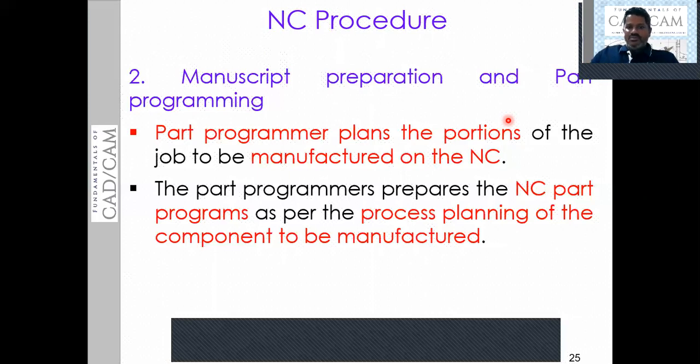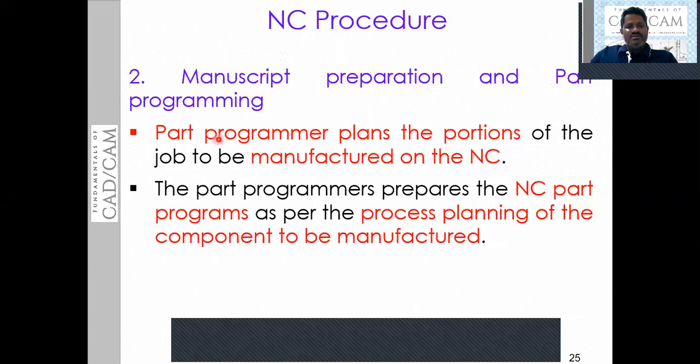In this case, the part programmer plans the portions of the job to be manufactured. Yes, the part programmer needs to identify the steps. The process plan sheet will be the input to this manuscript preparation, because the process plan sheet prepared in the first step identifies all the operations to be performed. What machine you are going to use, what type of tool, what jigs and fixtures, all those are documented in process planning, so that becomes the input to the manuscript preparation.